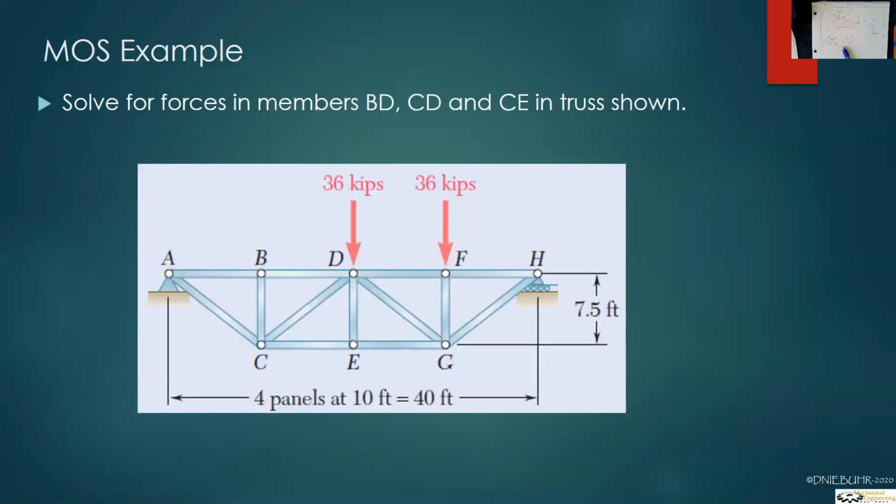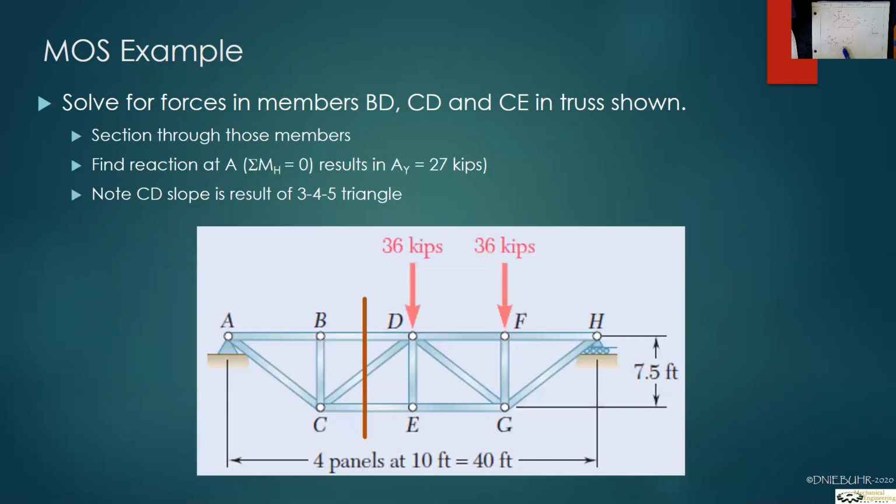So here's a real example. We have 36 kips on either side at D and F. The first thing we're going to do is calculate the reaction at A and the reaction at H. We can sum the moments at H and determine the reaction at A. So let's say we do that, and we find that the reaction at AY is 27 kips.